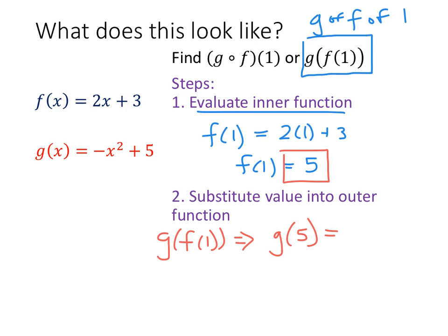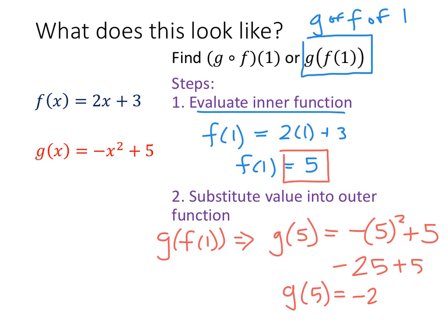So I plug in 5: negative 5 squared plus 5. Make sure that I follow my order of operations. I get negative 25 plus 5, and so g of 5 is equal to negative 20.